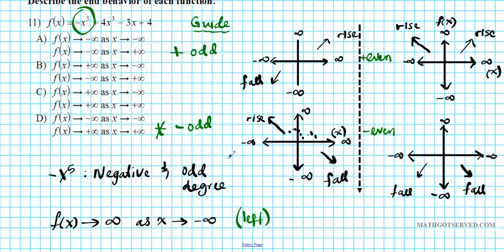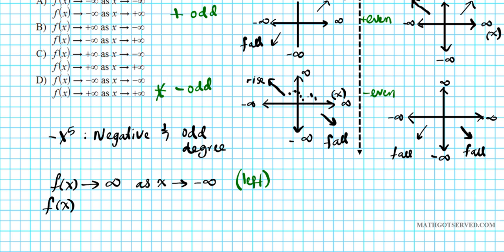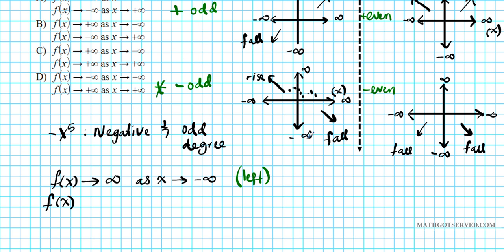All right, now what's the right end? It falls as x goes to the right. How do we describe that? Well, falling along the y-axis, way at the bottom of the y-axis is negative infinity. So when you're falling, the function is tending towards negative infinity as x goes to the right end.